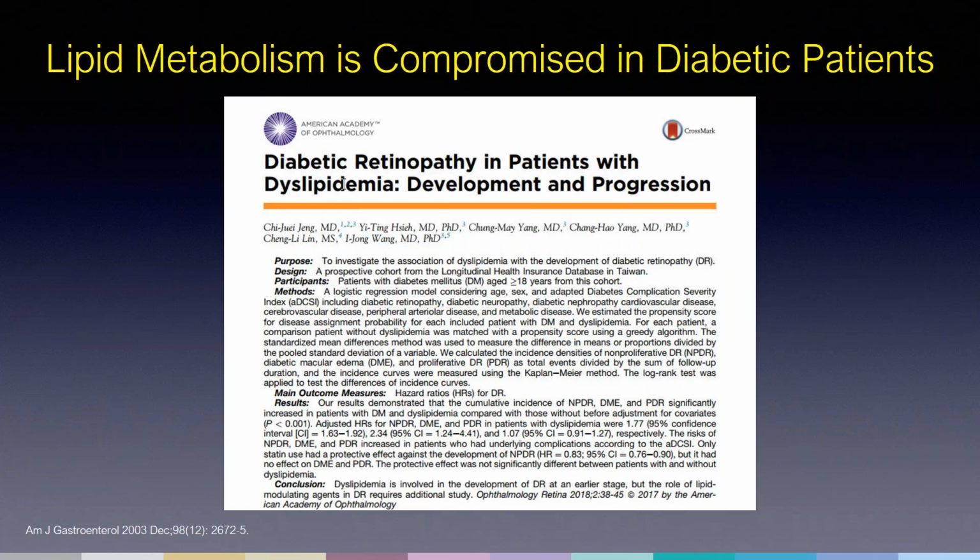In addition, we know that lipid metabolism is compromised in diabetic patients. Not only that, we know that abnormal lipid metabolism, or dyslipidemia, is involved in the development of diabetic retinopathy.